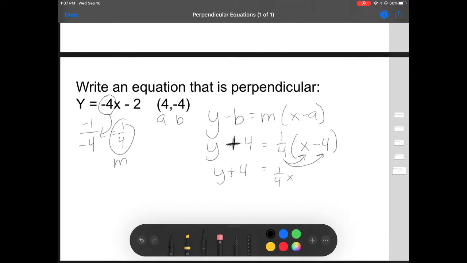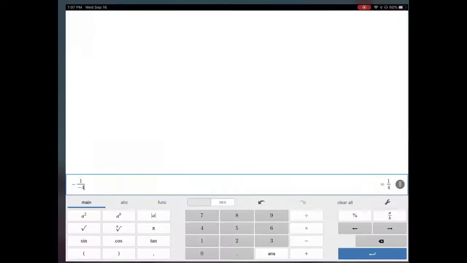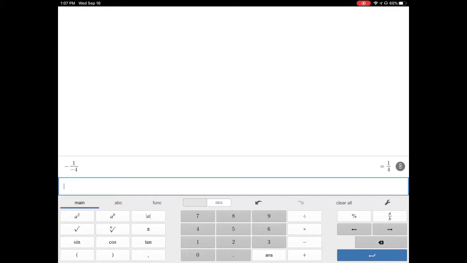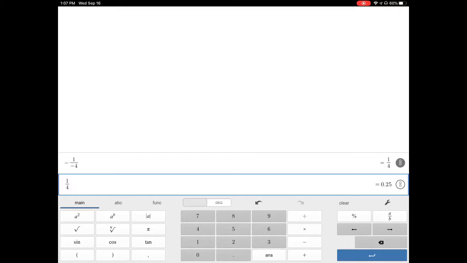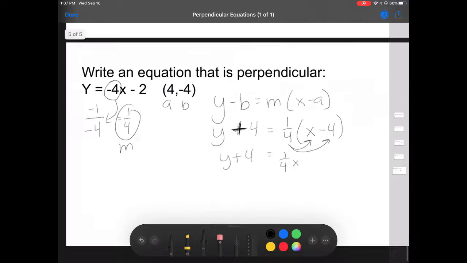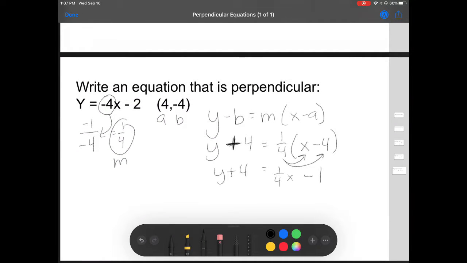Distribute. 1/4 times negative 4. 1/4 times negative 4 is negative 1. Take that back here. Negative 1. Okay. We move the number by the y, but minus 4, minus 4. y equals 1/4 x minus 5 is our answer.